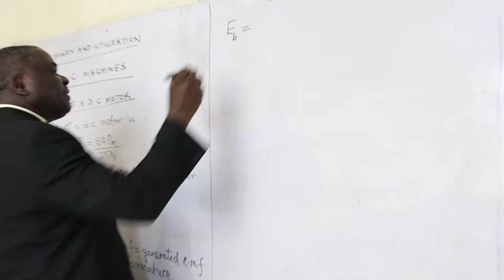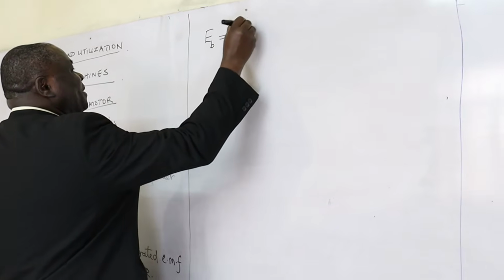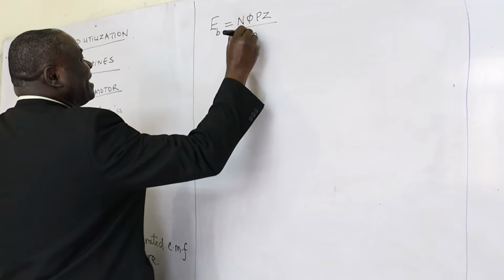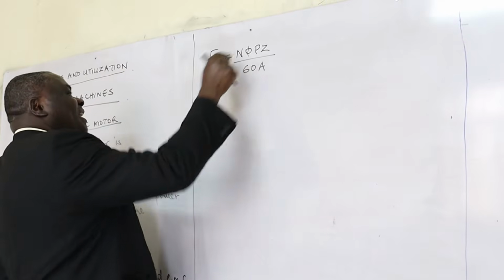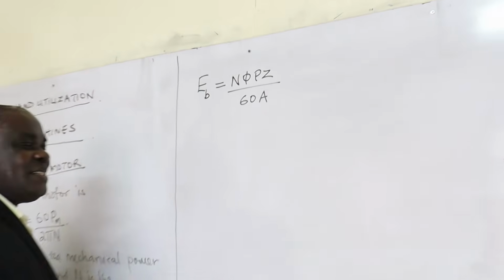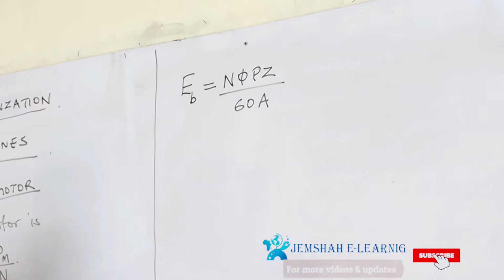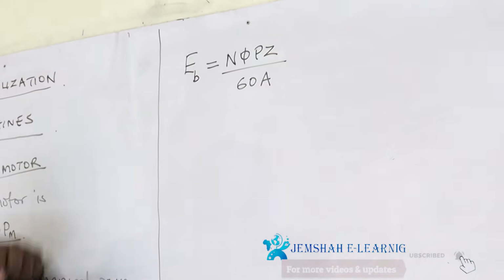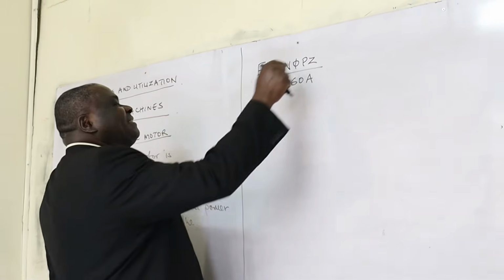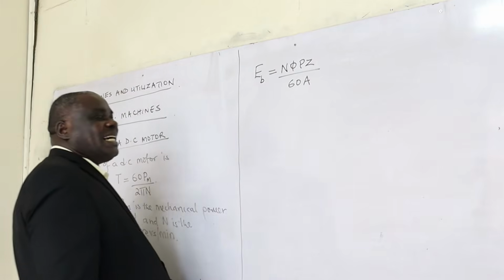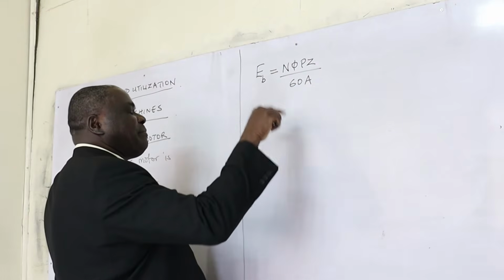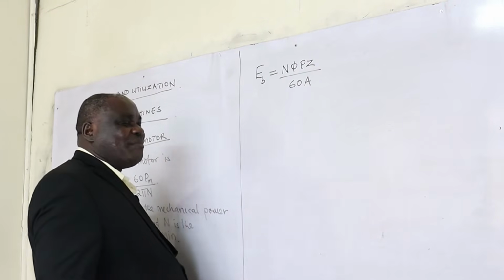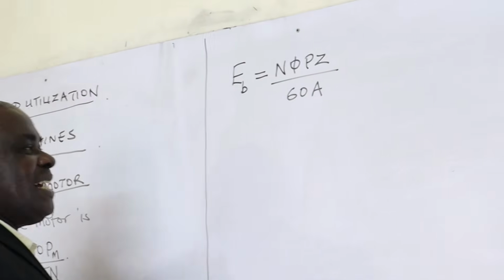EB from dimensional constants will be equal to N phi PZ all over 60A, where P is the number of poles within the magnetic circuit of the DC motor, Z is the number of armature conductors, and A is the number of parallel paths within the armature.